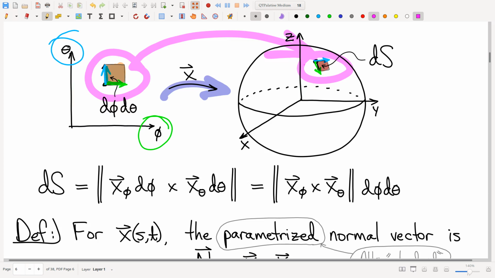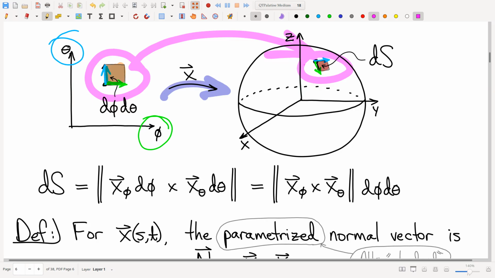So we need to understand the stretching factor. What do you multiply by that orange to get this red? You can see that we've got a little parallelogram. How do we find the area of a parallelogram in space? Flashbacks to Chapter 1 and Math 219. It's the magnitude of a cross product.